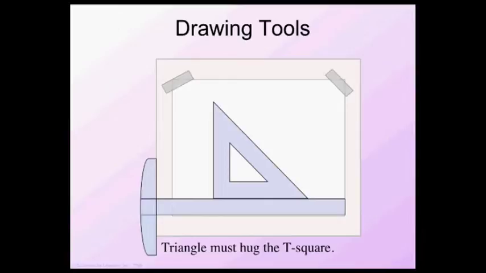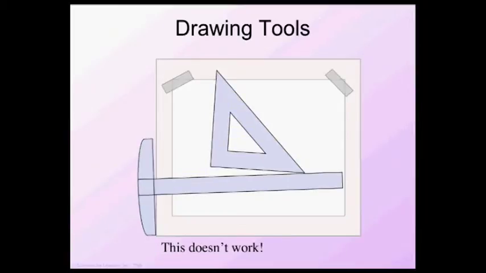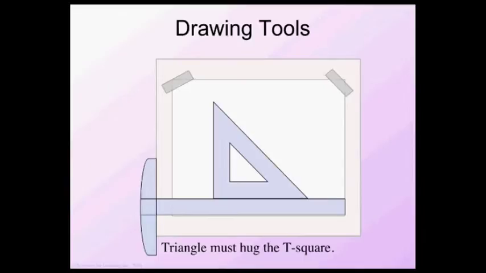The triangle must hug the T-square, so this is not going to work. You need to have the T-square hugging the board and the triangle hugging the T-square. If a child is having a tough time working all this out with their hands, you as an adult maybe put a finger on that T-square and make sure that it keeps snug up against the board.